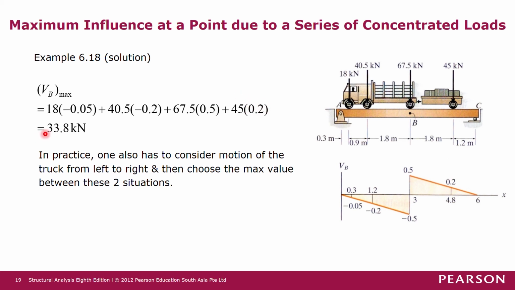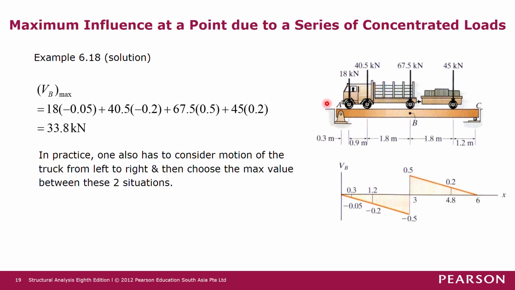So we get 33.8 kilonewton. This is the maximum shear force at B due to the system of forces moving from the right hand side of the beam towards the left hand side of the beam.